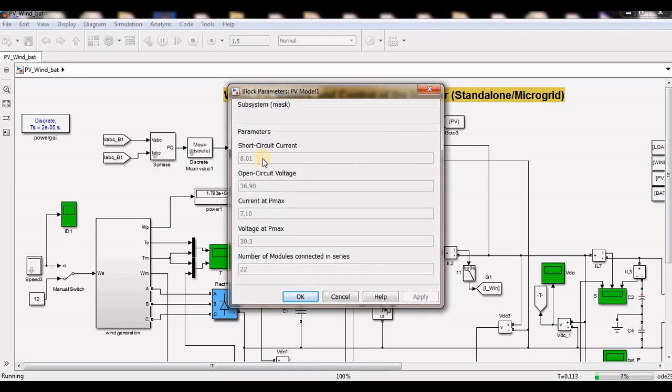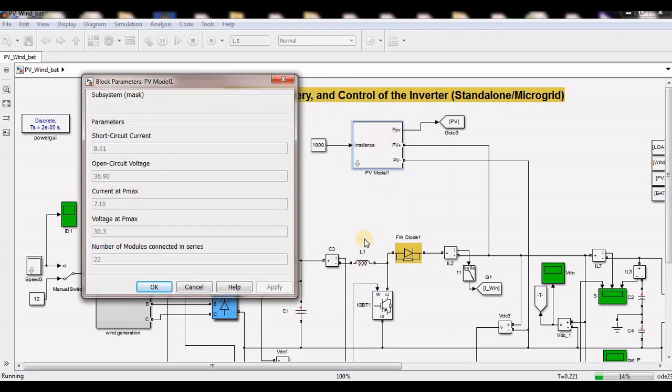Here you can see the rated parameters of the PV system which I modeled in MATLAB. Here 22 cells are connected in series to establish 666 volts. If you require more voltage, you can increase the number of modules connected in series, or if you require more power rating, you can make a parallel connection of these complete arrays.